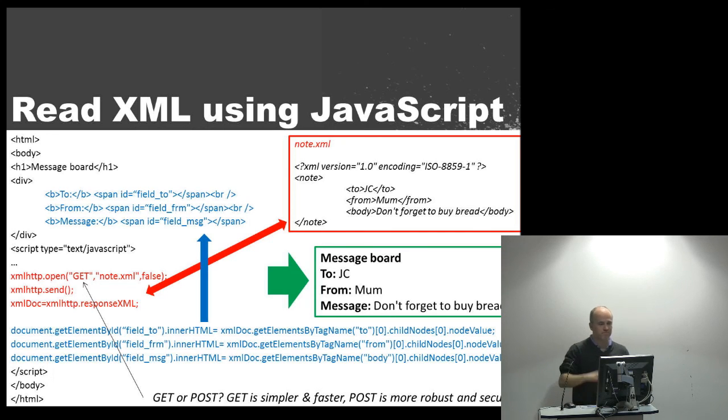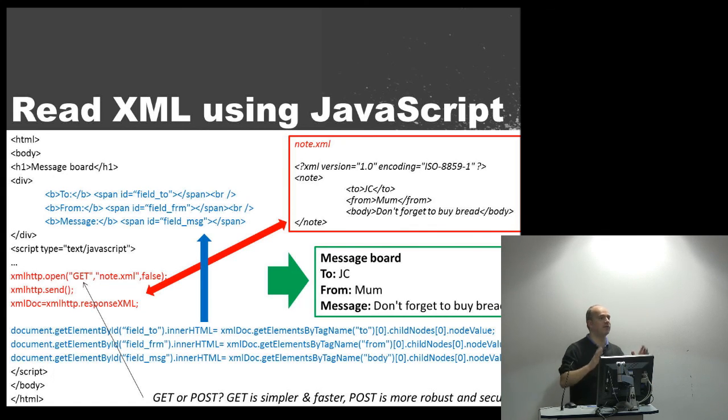So that's an HTML page with some JavaScript which is embedded within your HTML page. So it's embedded and you are using the tag script for saying this bit in my code is JavaScript. And what you are going to do, for example, is extract data from a file called node.xml.